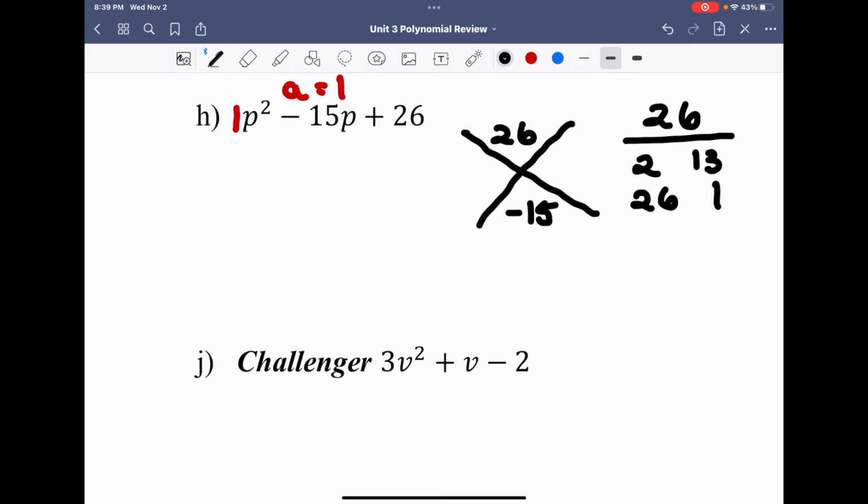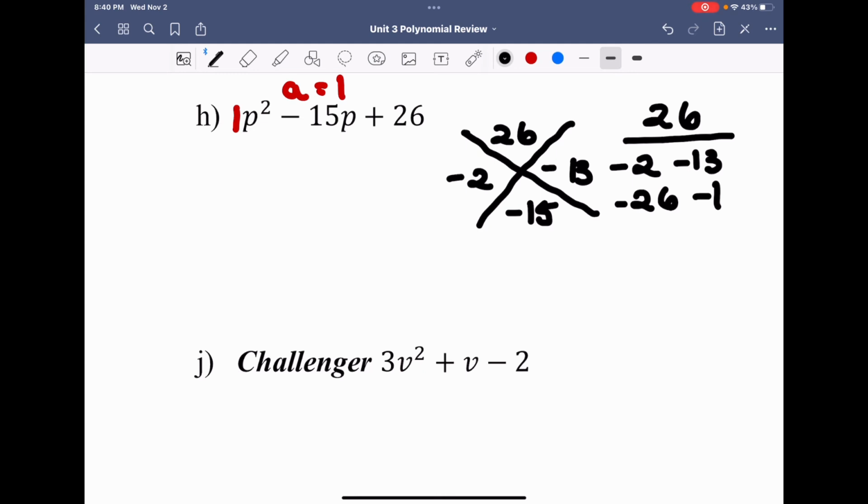But right away, I almost want to pause and say, okay, well, if 2 and 13 can sum to make 15, let's see if we can make this work. If I put negative 2 and negative 13, that definitely multiplies to make 26 and adds to make negative 15. But so does negative 26 and negative 1, except it doesn't add to make negative 15.